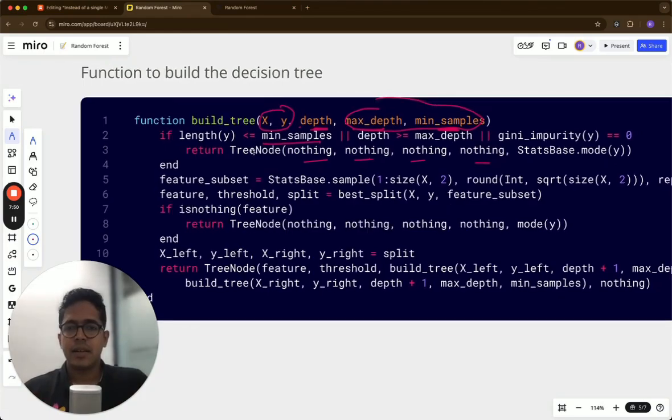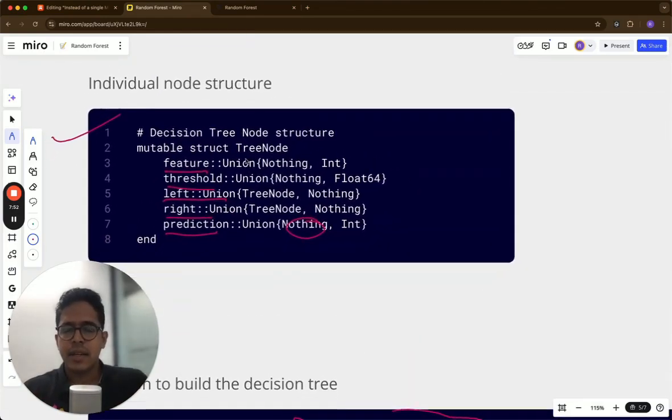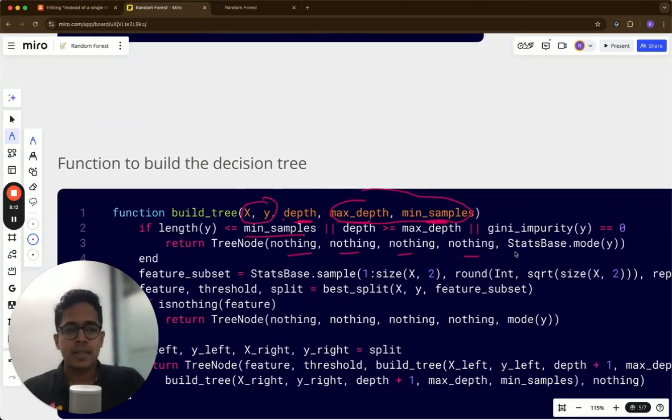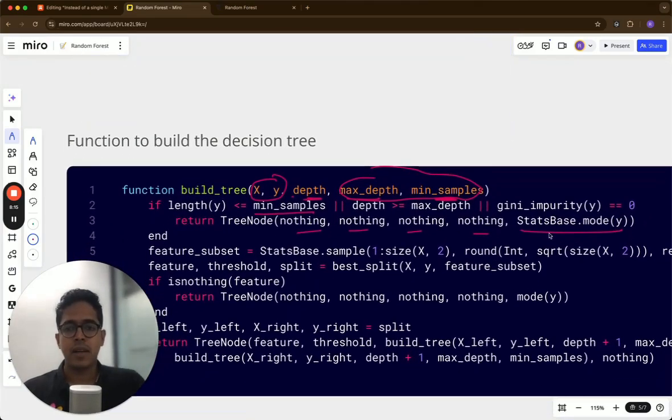Nothing means there is no feature at the node, there is no threshold at the node, there is no left branch going from the node, there is no right branch going from the node, because this is a leaf node. For a leaf node, these things are irrelevant. But for a leaf node, a prediction is relevant. It has to make a prediction. And what is the prediction? The prediction is the mode of all the data points in that leaf, which is why the last one is stats.mode of y, right? So it will return.